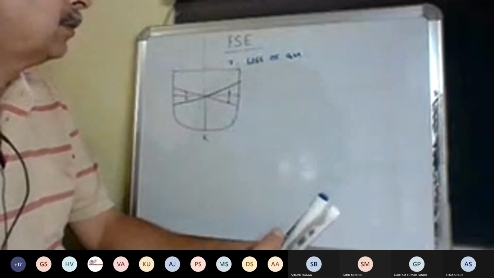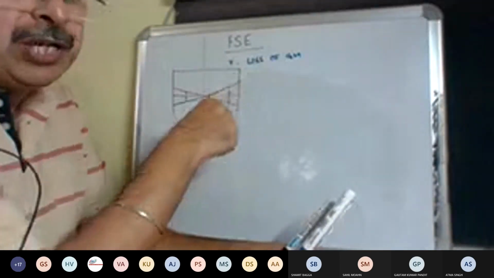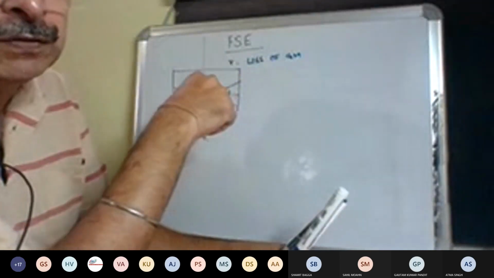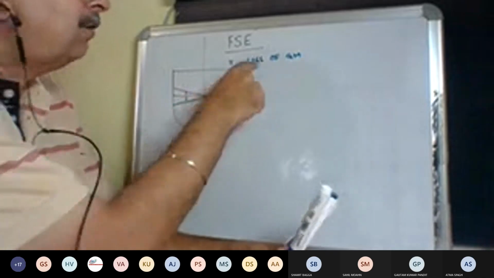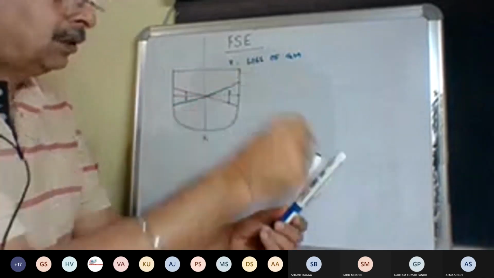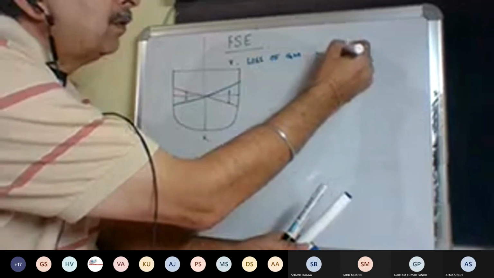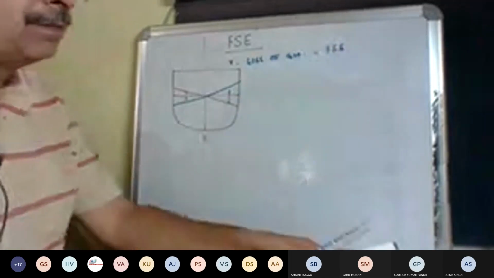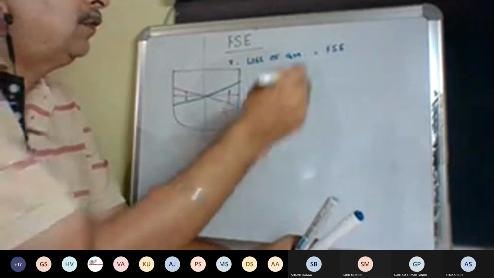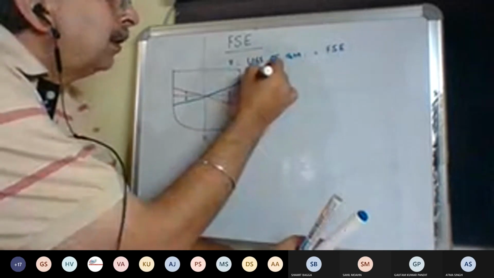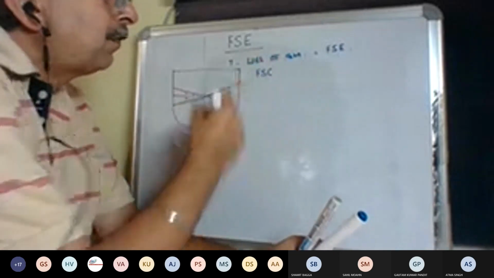This fluctuating GM is called a virtual loss of GM, and that virtual loss of GM is synonymous with what is called free surface effect. This free surface effect leads to what is called free surface correction.